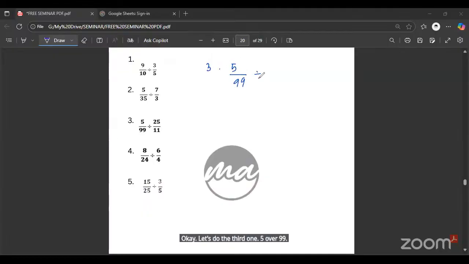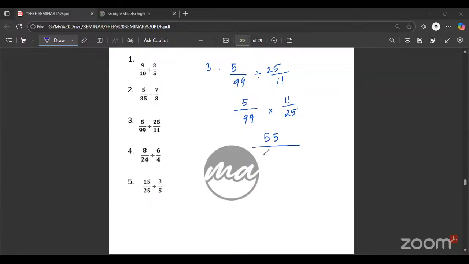5/99 divided by 25/11. That will be 5/99 into 11/25. It can be 55 over 2,475. If you're facing difficulties in multiplying like that, you can simplify.